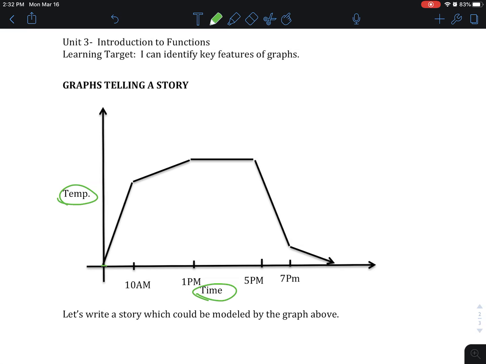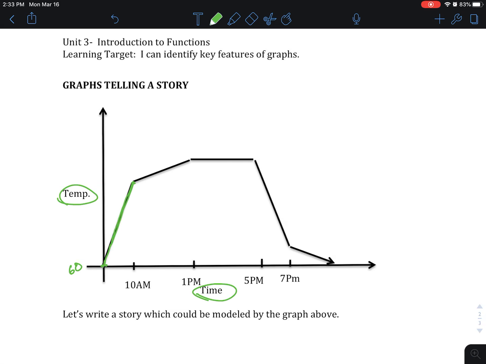So maybe it doesn't start at 0. Maybe it starts at, let's say, 60 degrees, for example, okay? 60 degrees, and the temperature is increasing throughout the morning, right? And it's increasing pretty quickly. See the steepness of this line is pretty steep from the morning to 10 a.m. So our temperature is increasing really, really quickly.